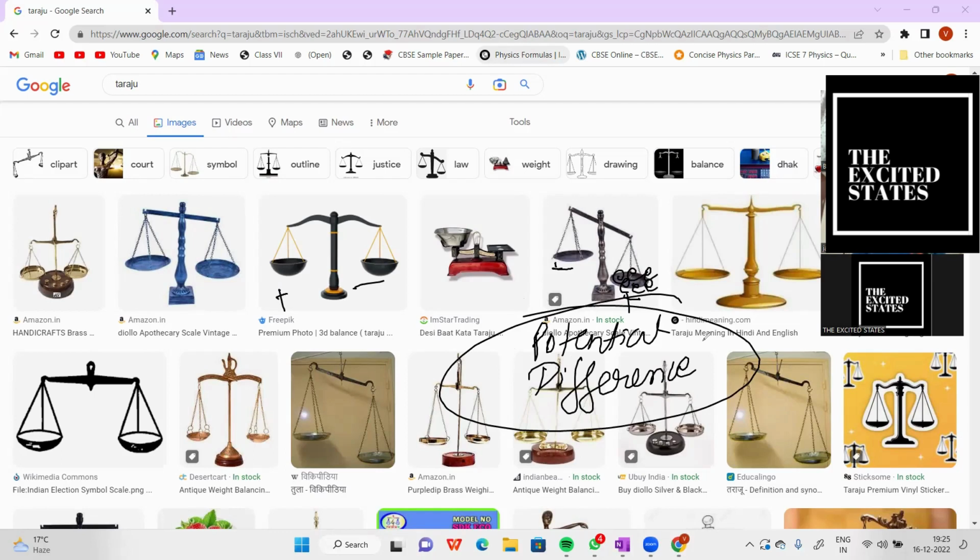Now, what will happen? We have to maintain our potential difference like this, balanced. To make it balanced, an equal number of protons also we have to add, just like here we are adding electrons. And after that, the potential difference has been balanced.